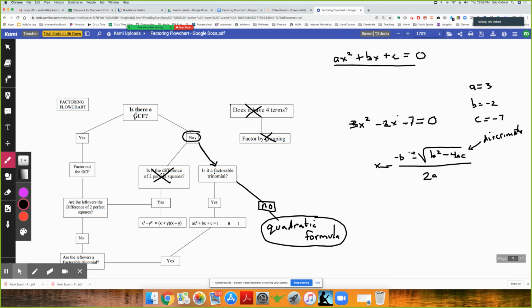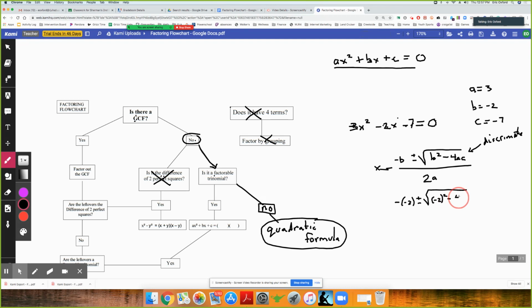Okay, so now we're just going to substitute. My b is -2, so that's going to be negative, the opposite of -2, plus or minus the square root. My b is -2 again, so that's squared, minus 4.